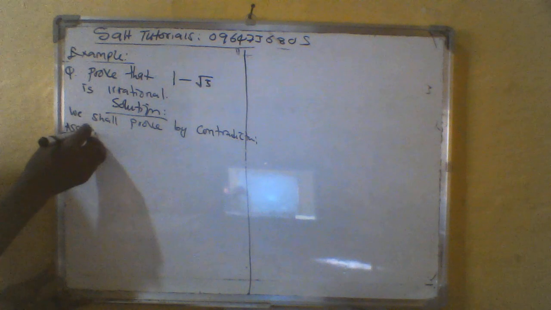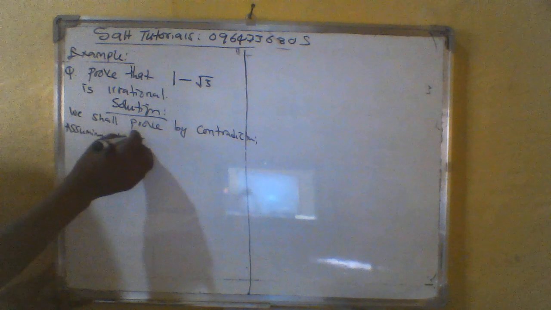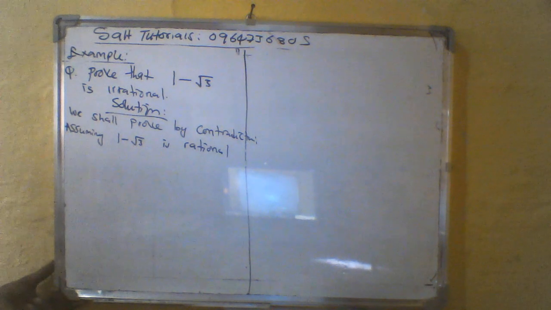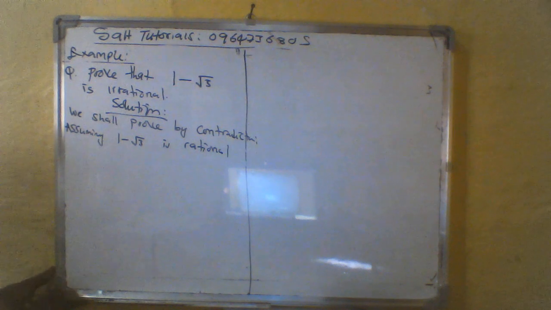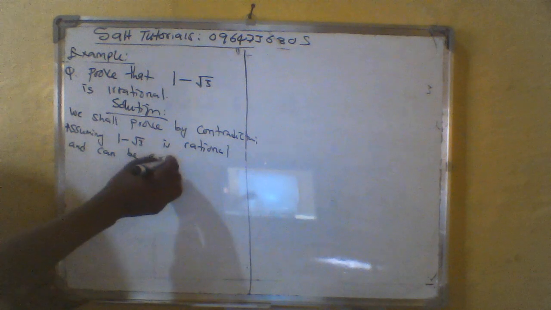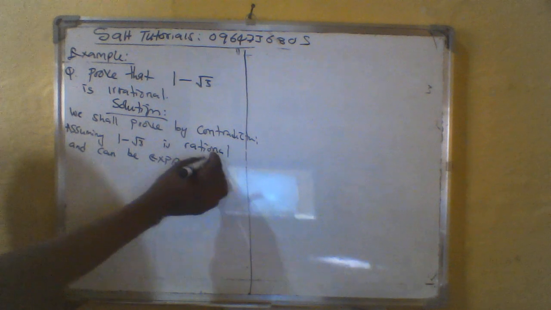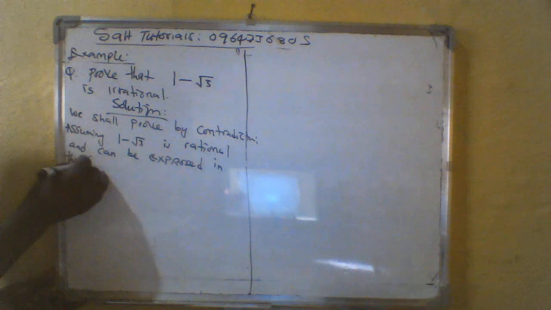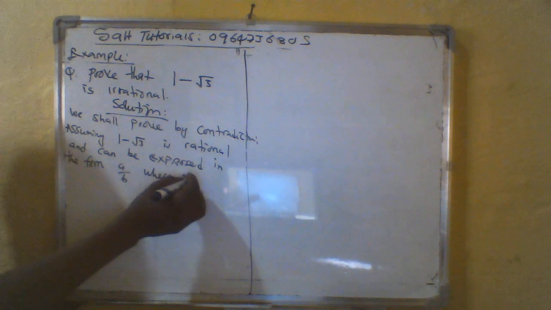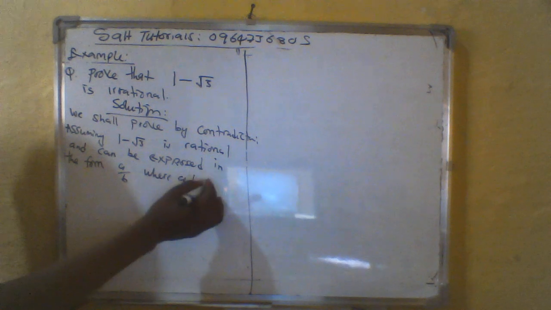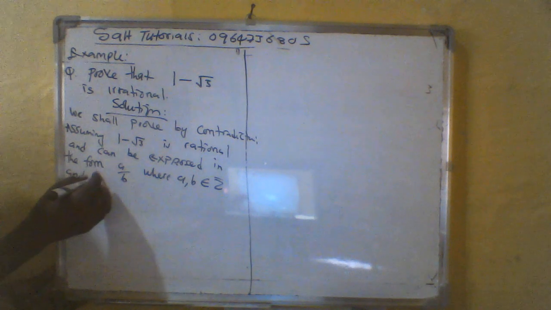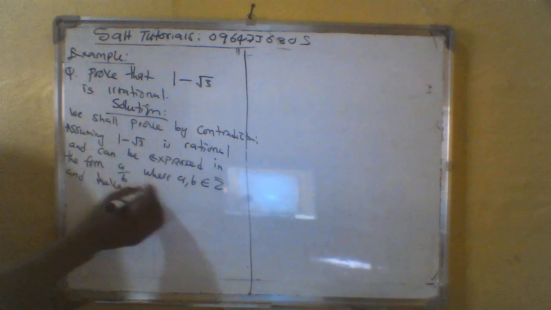Assuming 1 minus root 3 is rational and it can be expressed in the form a over b, where a and b should be members of the integer set and have no common factor.